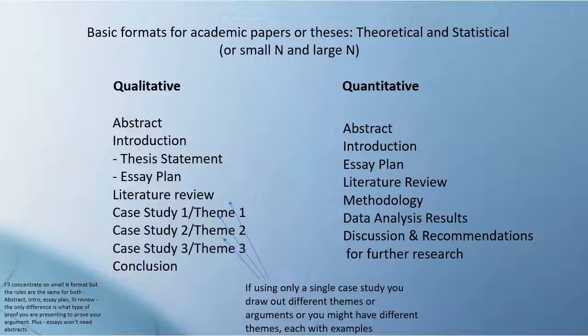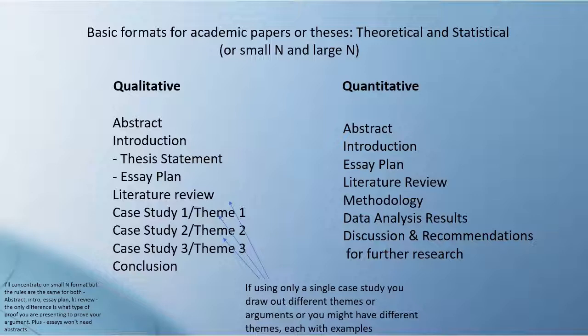Statistics can hide a lot of assumptions, and so the format of a quantitative paper is trying to tease out why you included this data, what your parameters were, what your assumptions were, and that sort of thing. So it has a very specific format. On the right you'll see there's an abstract and an introduction with an essay plan.